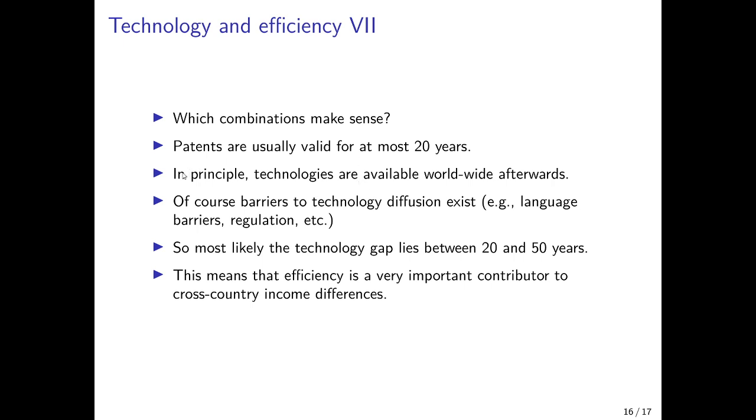And that the technologies become available after the 20 years is more a theoretical argument, because, of course, we have barriers to knowledge and technology diffusion. Language barriers matter, regulation barriers matter, investment biases matter, and so on and so forth. So it's likely that the technology gap might be a bit longer than the 20 years.